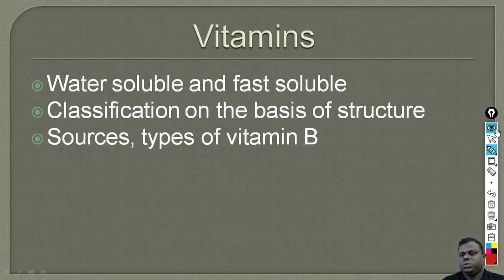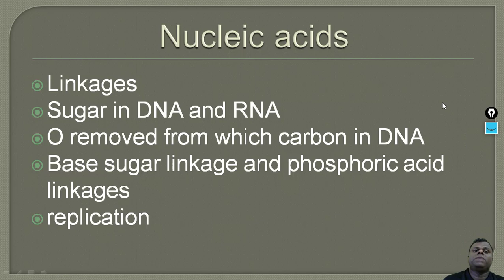Okay, and now comes the most important part, that is nucleic acids. Nucleic acids, the linkages are very important. Bases connected to sugar, at what carbons, and then two phosphoric acids are linked at what carbons, right? It's a phosphodiester linkage. Sugar in DNA is 2-deoxy D-ribose sugar. In RNA, it is D-ribose only. Oxygen is removed from which carbon in DNA, right?